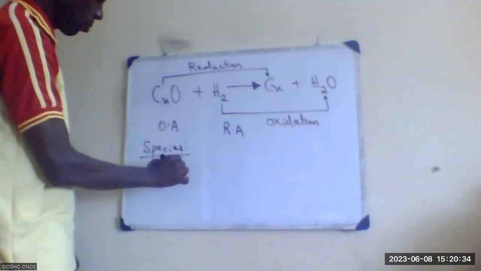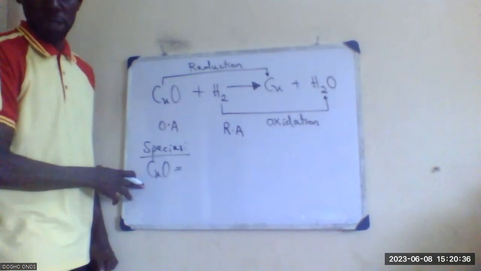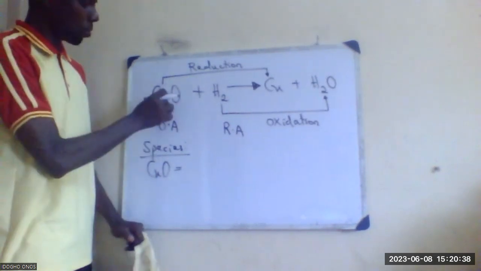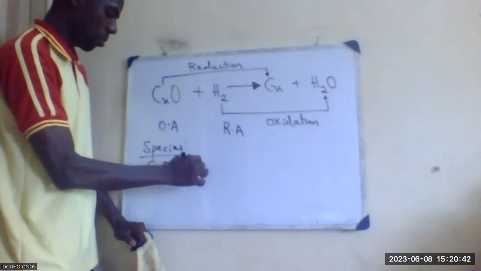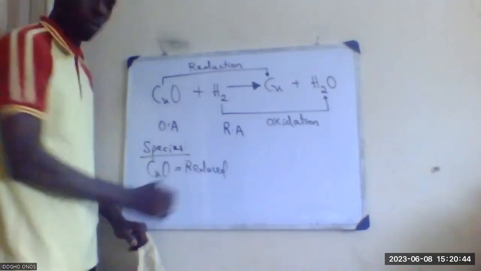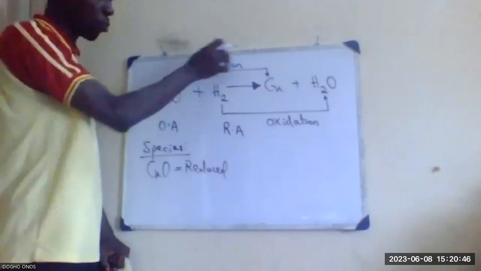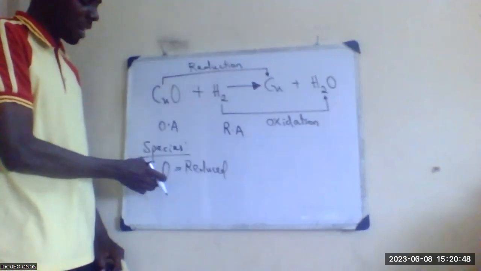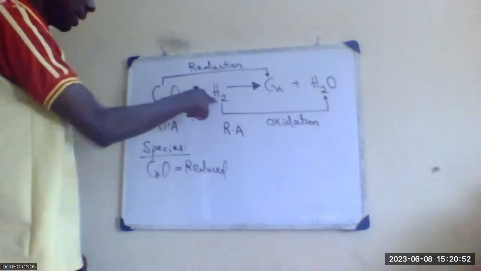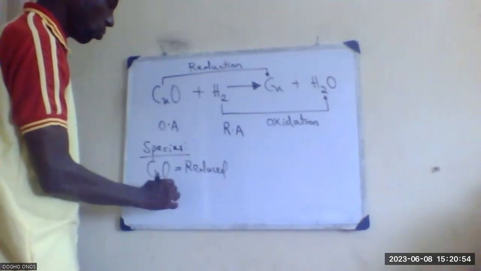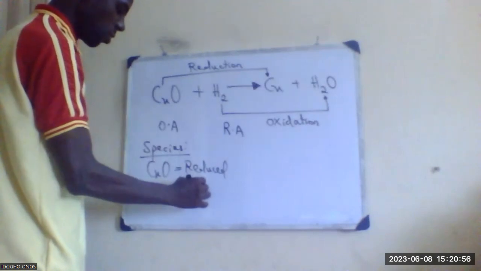CuO is what? This copper(II) oxide is what? Reduced. So we'll say reduced. So copper(II) oxide undergoes reduction, or copper(II) oxide is reduced. Why? H2 is oxidized.